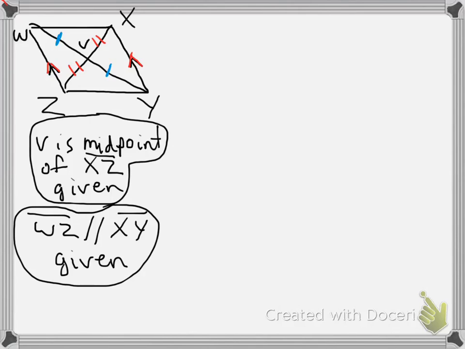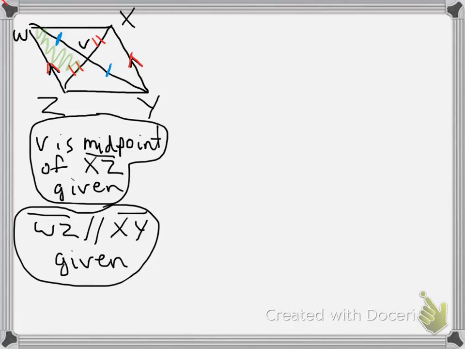Our goal is to figure out how to make the blue ones the same. And one of the ways to do that is to show that this triangle here would be the same as this triangle here. And we do have some information that will get us there, and we'll have to look for some information, and we'll use one of our shortcuts.